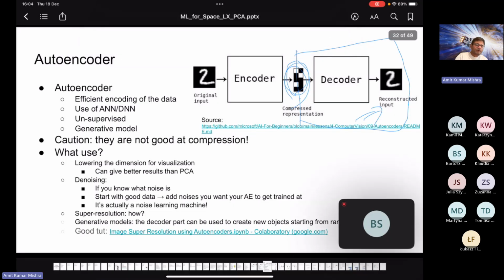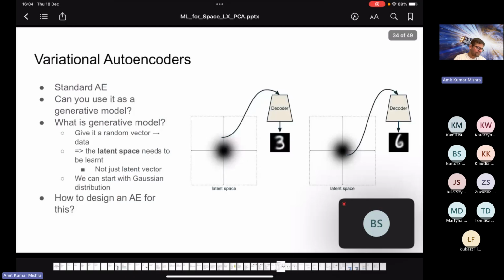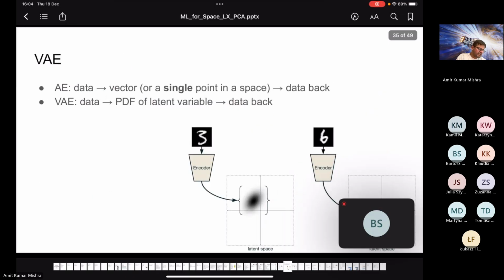If you remember, we just mentioned how to find the difference between two distributions. We can do that by using KL divergence, and that is your variational autoencoder. In variational autoencoders, you enforce the bottleneck representation to follow a Gaussian distribution as much as possible.